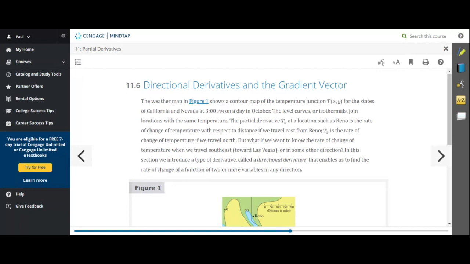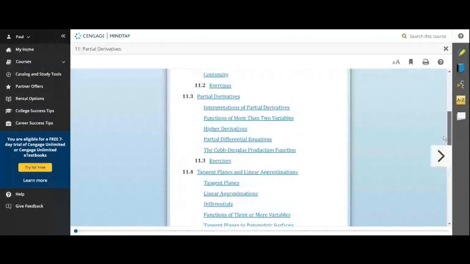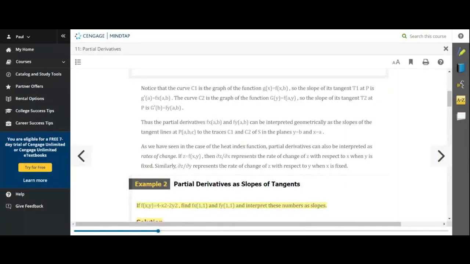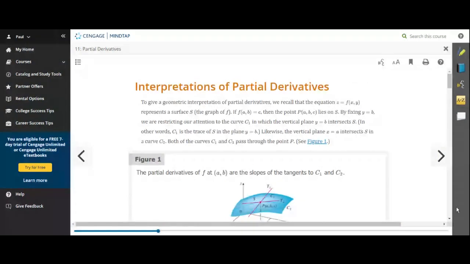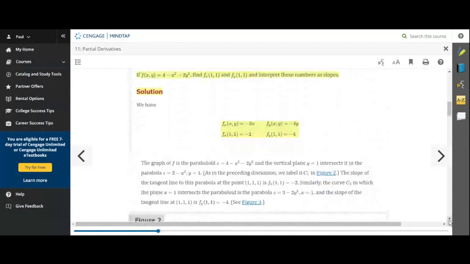I think I need to go back here a little bit to refresh you on this. Interpretations of partial derivatives.